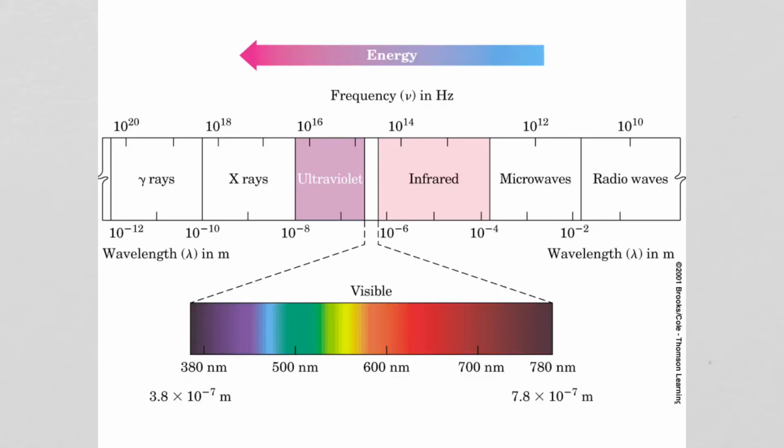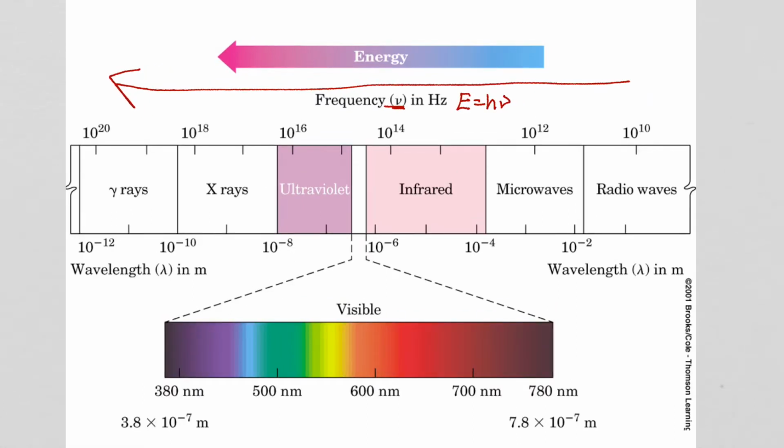And here's our electromagnetic spectrum again, and just as a reminder, you can see that the energy of the electromagnetic radiation is increasing going to the left, and you can see that we have the frequency here in hertz, and as the frequency increases, the energy increases. Recall that E is equal to Planck's constant times the frequency.